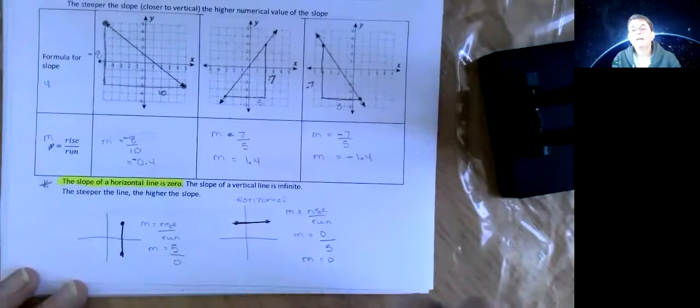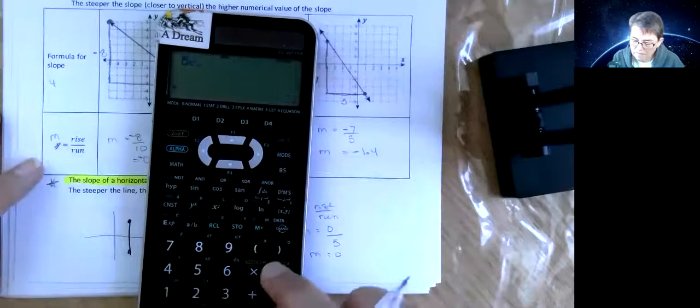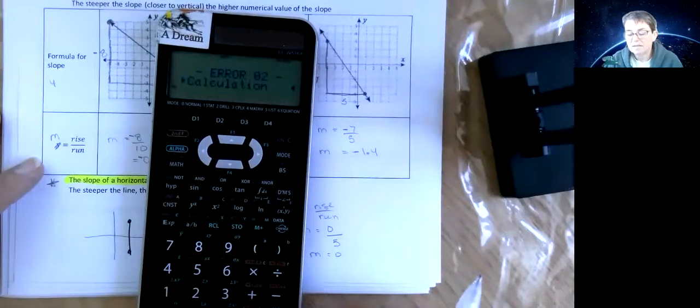If you do that on your calculator, 5 divide by 0, you get an error.